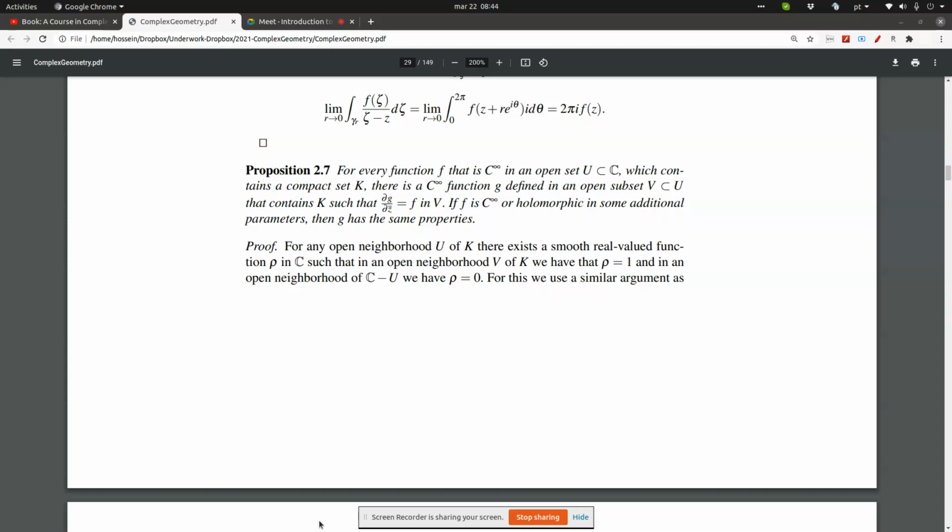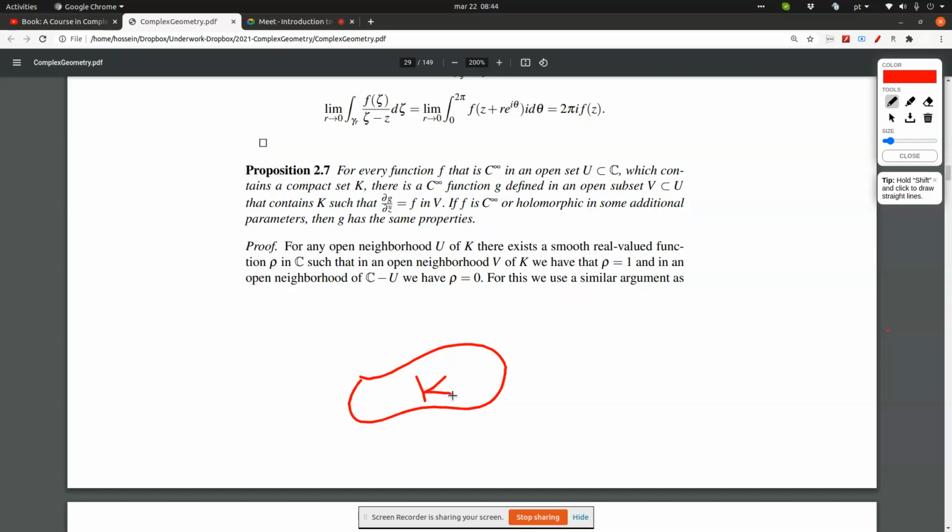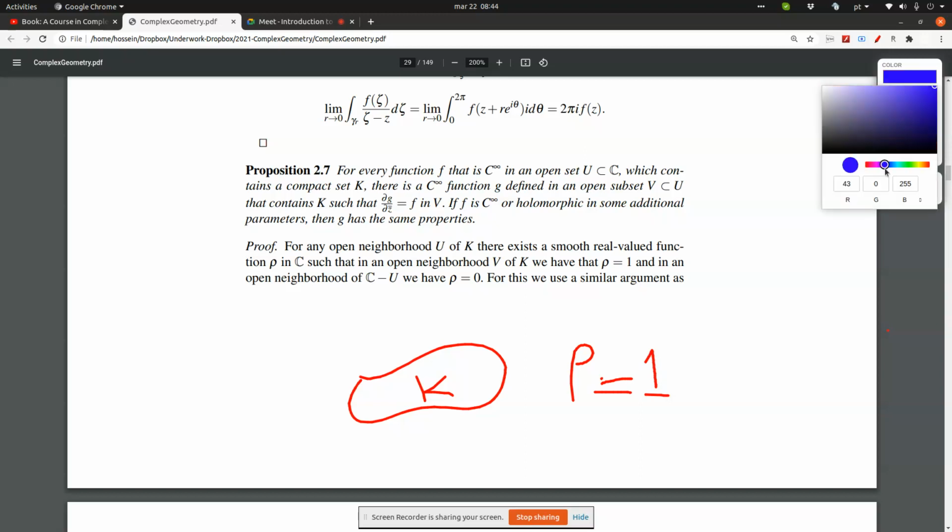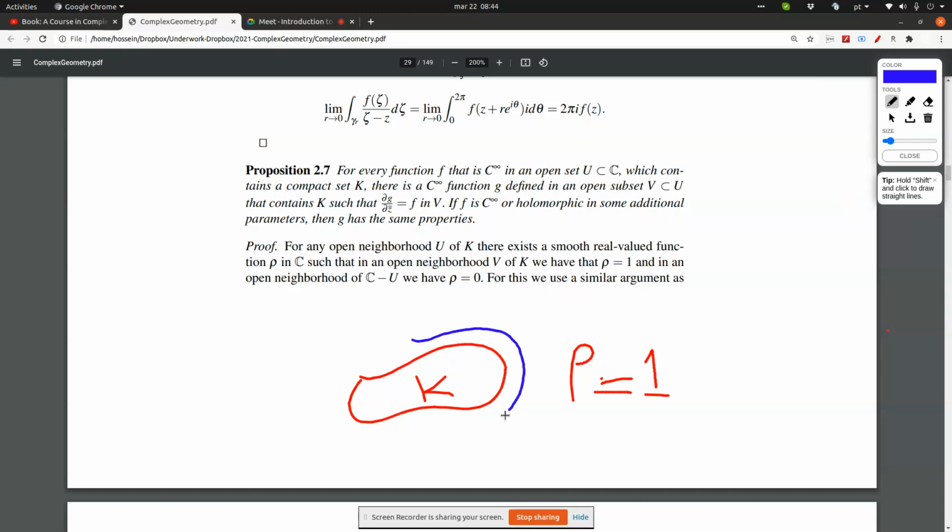In order to prove this proposition, the first trick is that we can assume that F is defined in the whole complex domain. So we have K, and we will take a partition of unity, a function rho which is one in a neighborhood of this compact set.